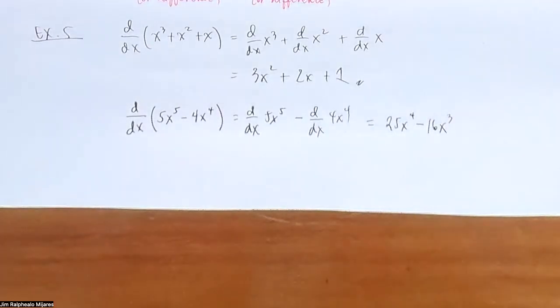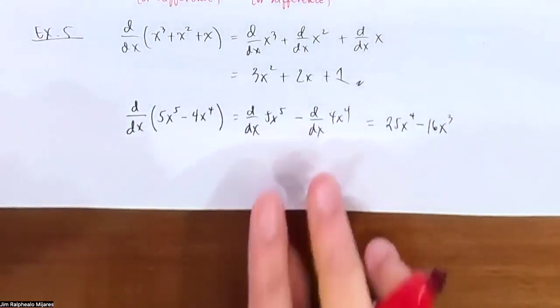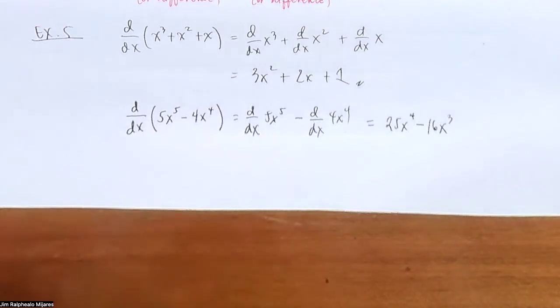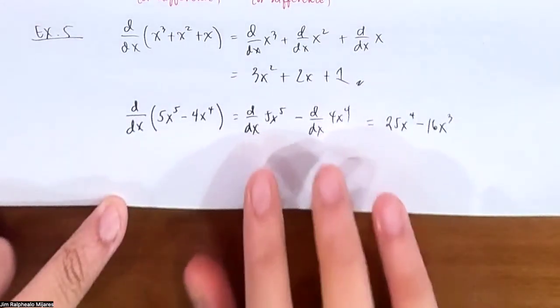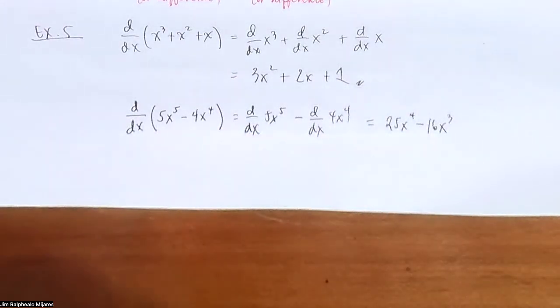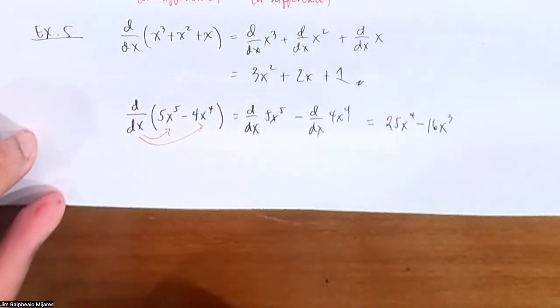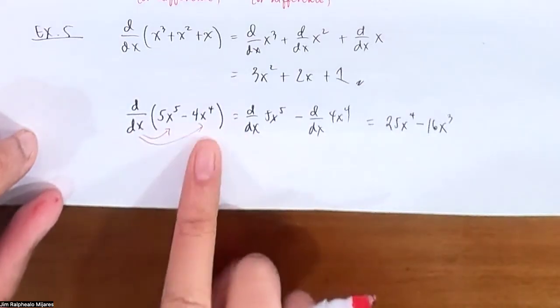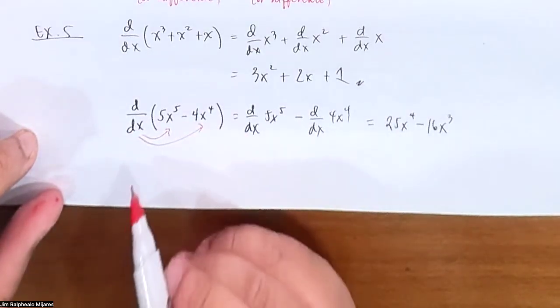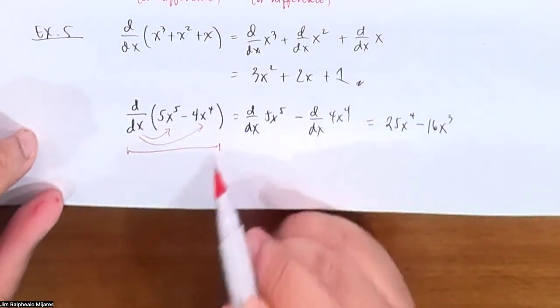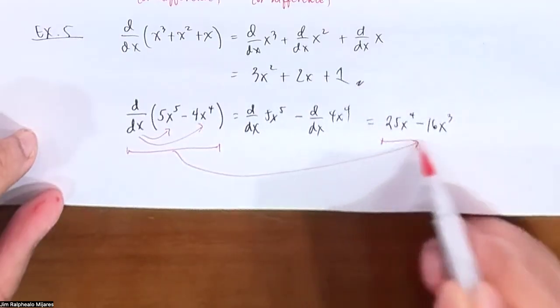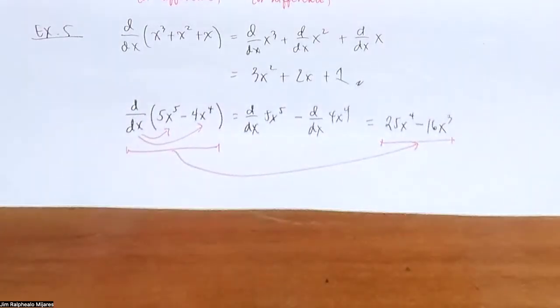But in actuality, you can mentally skip this intermediary step by just imagining that you're distributing the derivative operator to both of these expressions so that you go from here to here quite easily. All right.